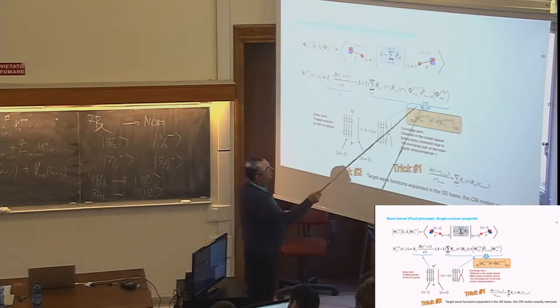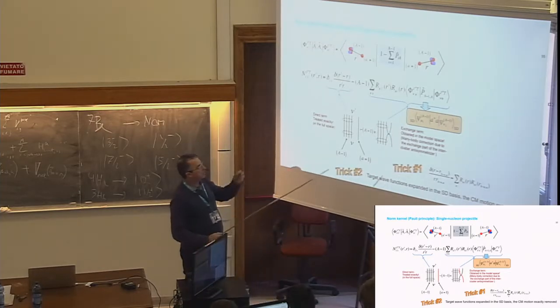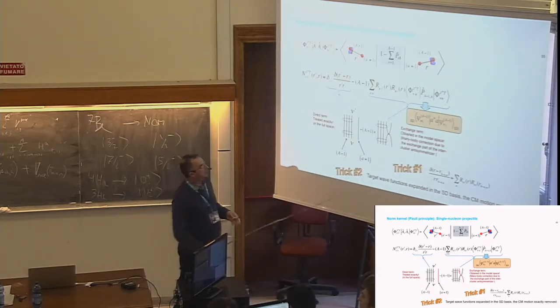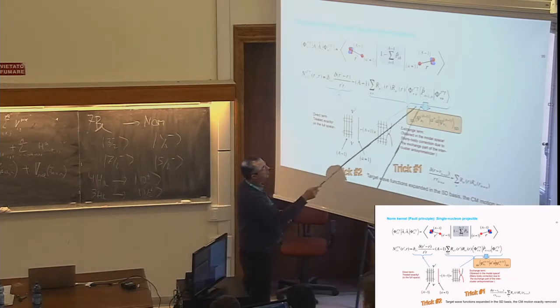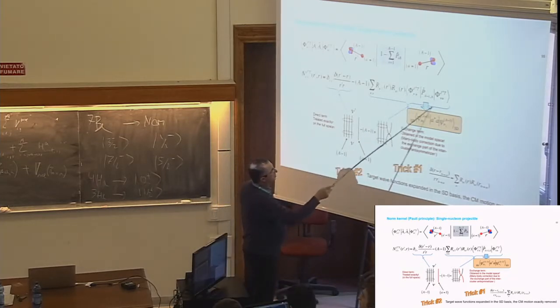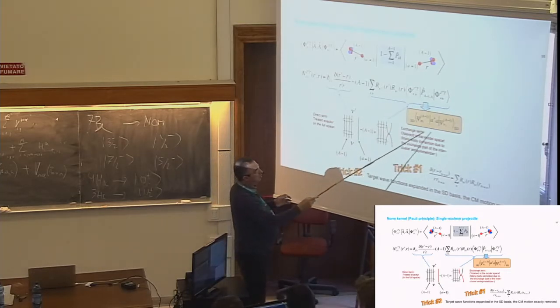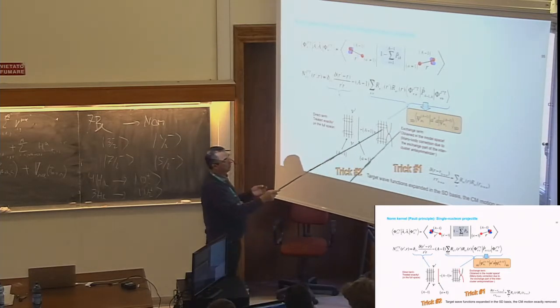And now, if I have this wave function in Slater determinants, one can show, it's a little bit technical, and I have it on the slides, but I will not go through that. The fact is that to calculate this matrix element, you get it from the so-called one-body density of your wave function.